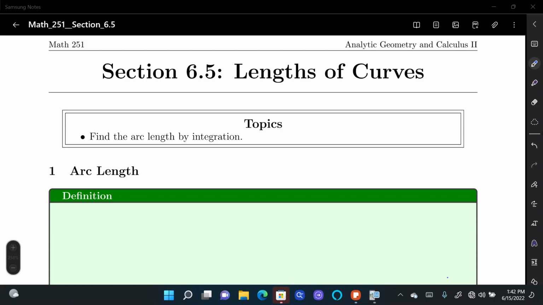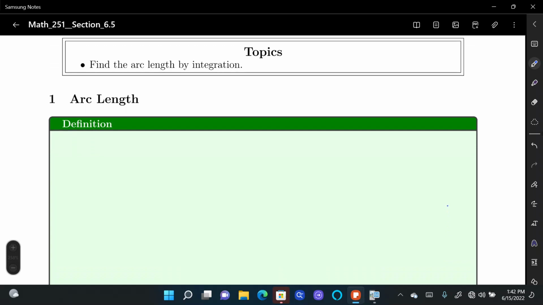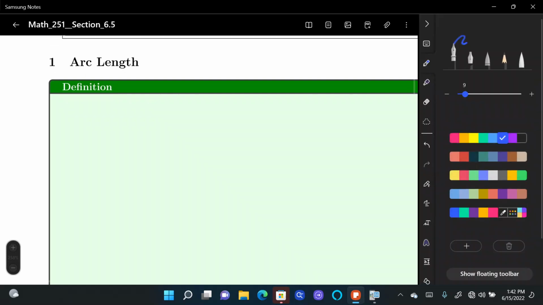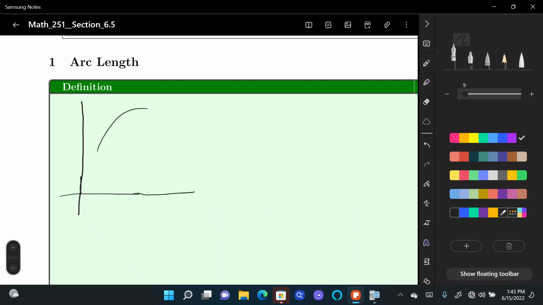So let's draw a picture here. Let me draw just a very generic graph. So this is f of x.